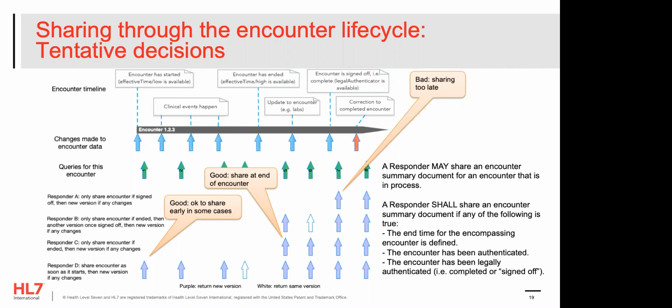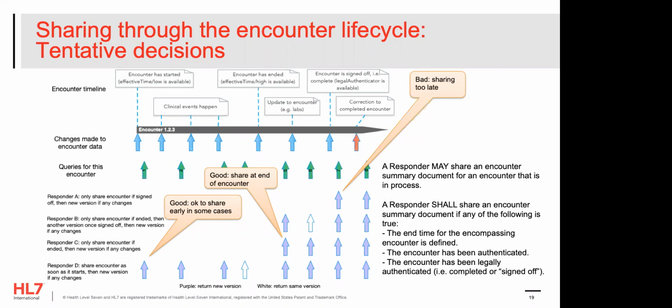The USCDI, as it's called, includes 8 specific categories of clinical notes, including the ones we're talking about here, presumably. So there is a requirement to release that data when it's requested.